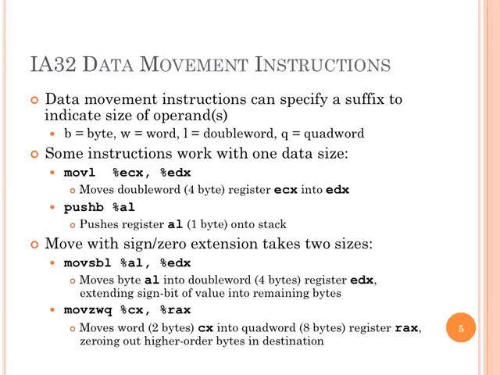If you move that into a larger register, like AL into EDX, and you didn't update the sign bit properly, you would end up with a positive value. So you have minus 12, and you move it into a 4-byte register, and now it's not minus 12 anymore. It's some positive number.